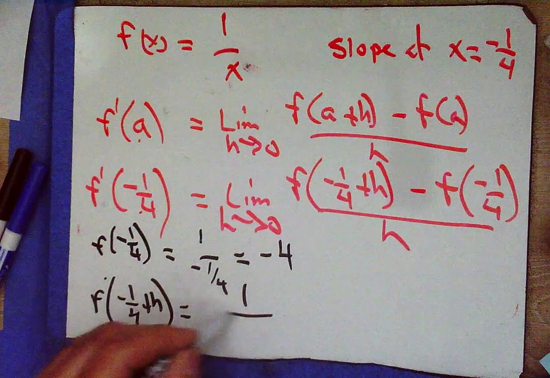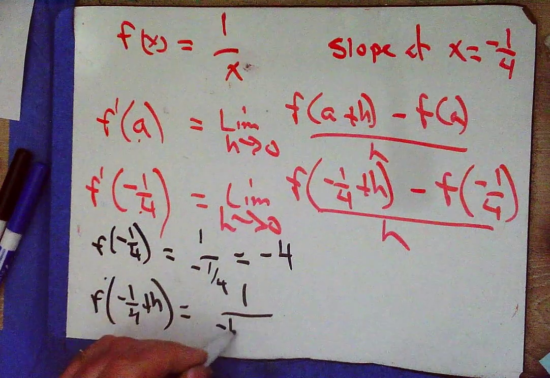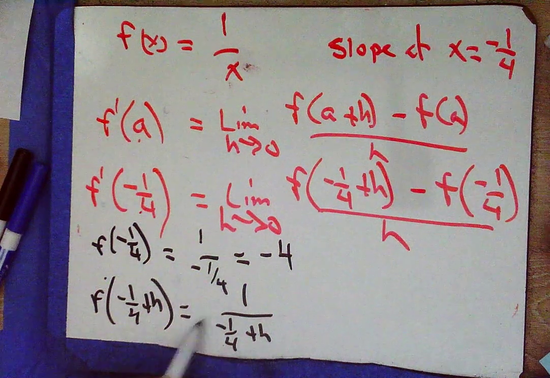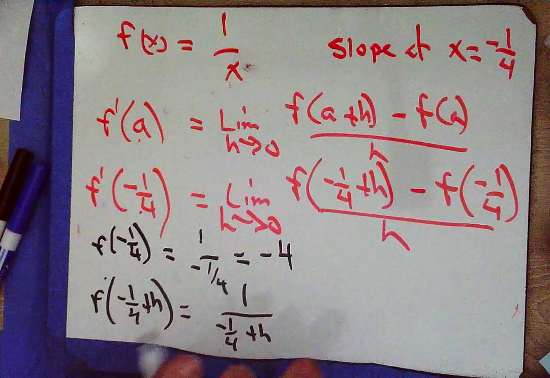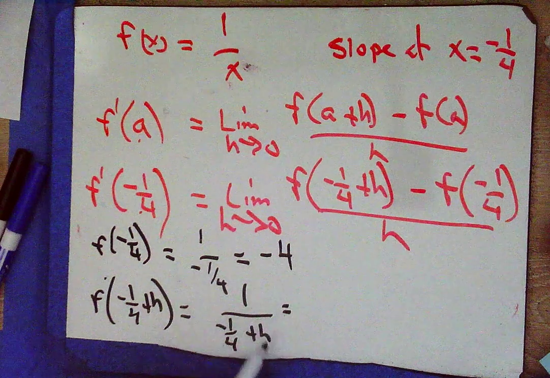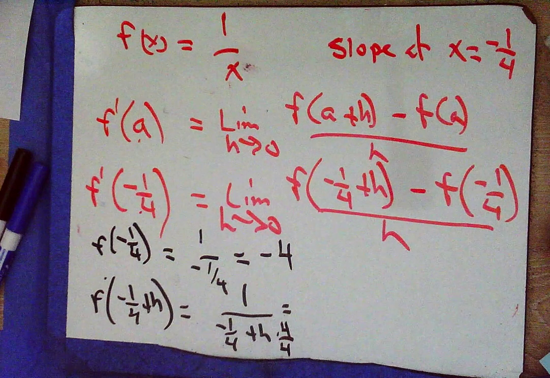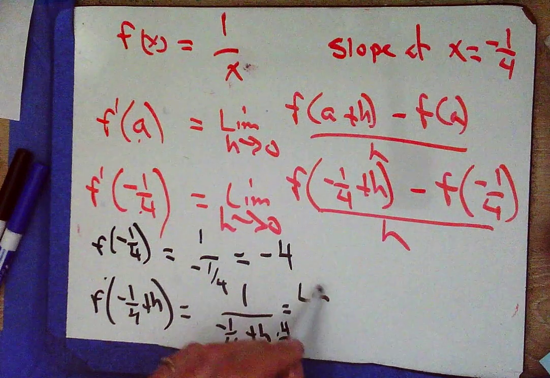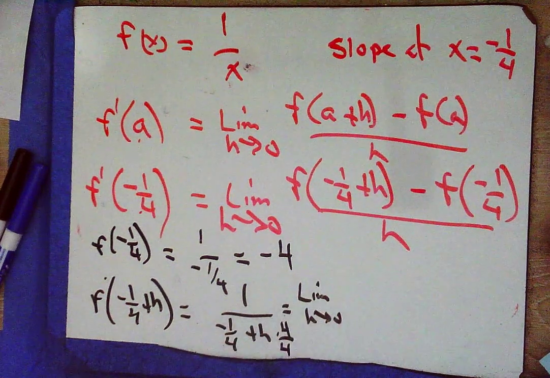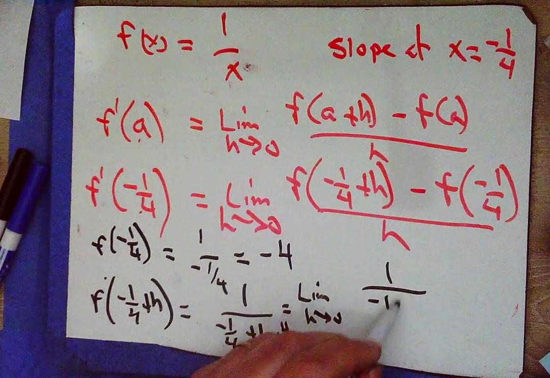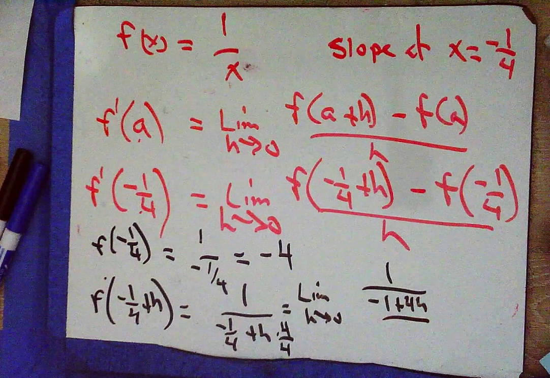Well, that's going to be 1 over negative 1/4 plus h. Remember, in this situation, I need to have a common denominator before I flip and multiply. So here I'm going to multiply by 4 over 4. So now I've got 1 over negative 1 plus 4h all over 4.